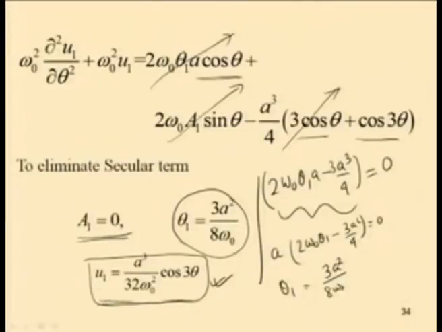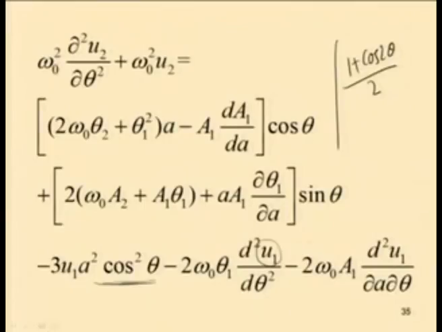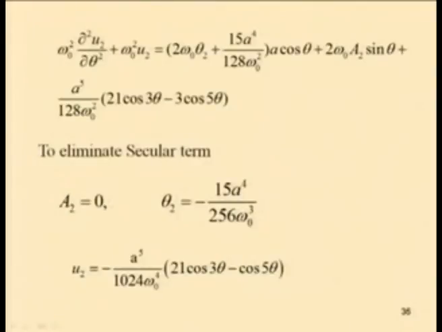So, this u 1 equals a q by 32 omega 0 square cos theta. So, we have substituted in this equation in this part and now, clubbing the coefficient of cos theta and sin theta, we have written this equation in this form.